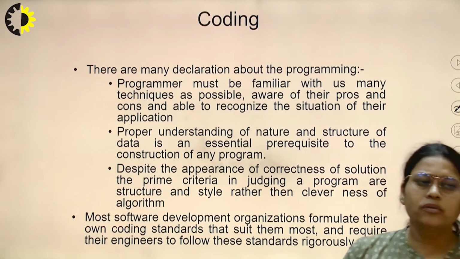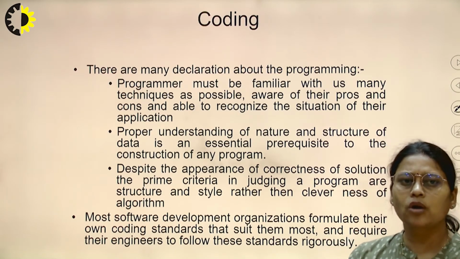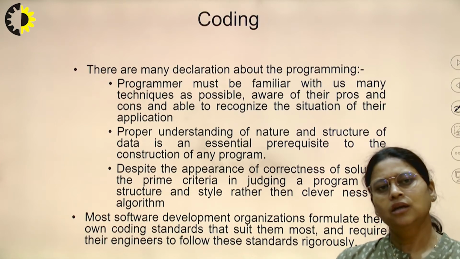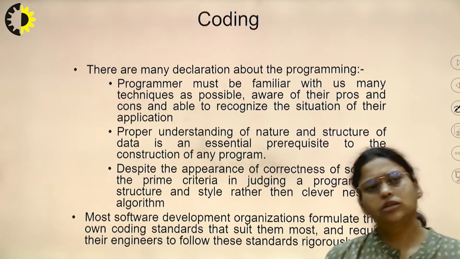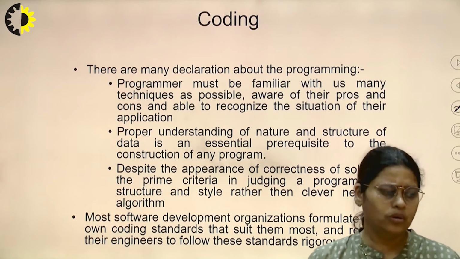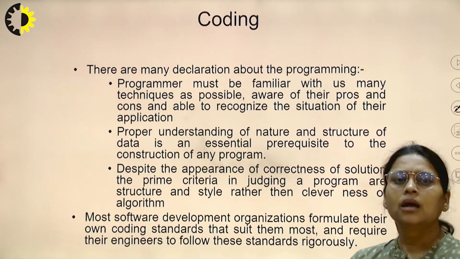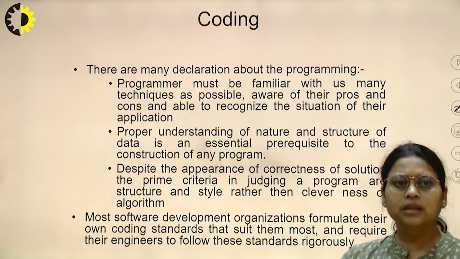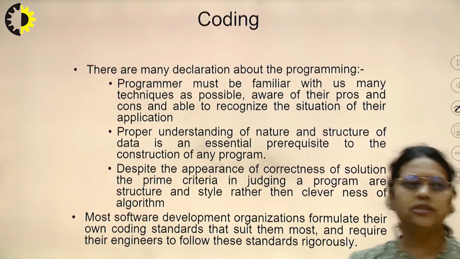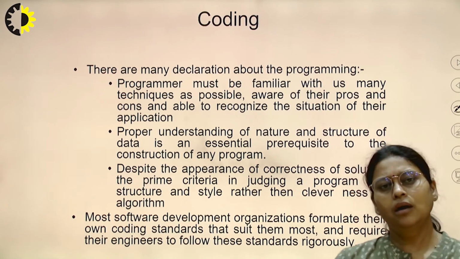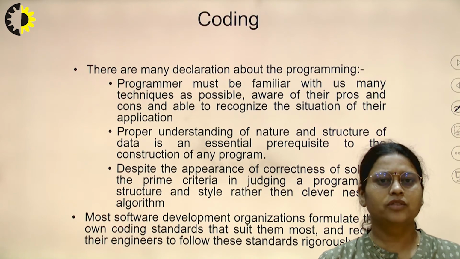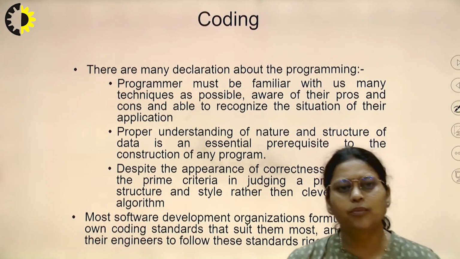Most software developer organizations formulate their own coding standards. Any organization can create its own coding standard as per its programming platform, that suits it the most, and require its engineers to follow it. But there are some basic coding standards which are followed by each and every programmer.